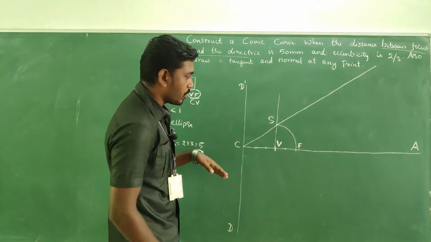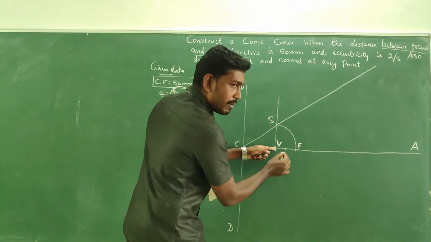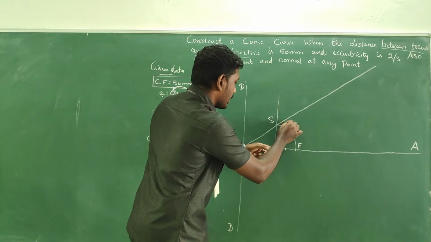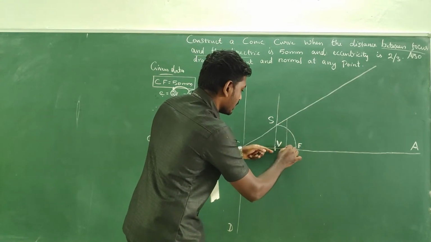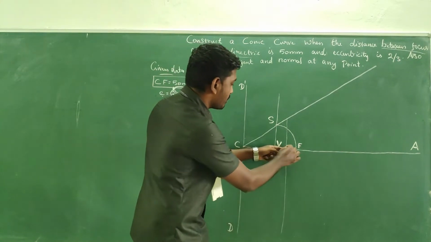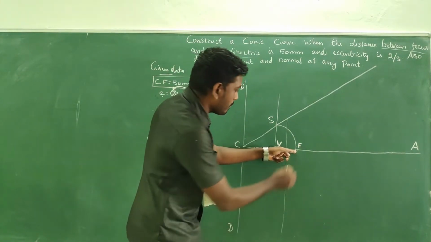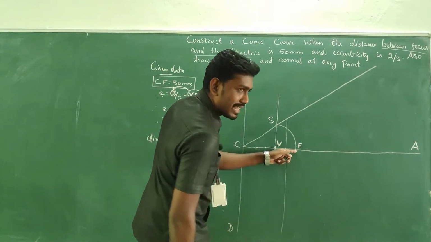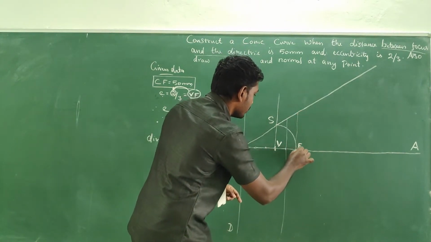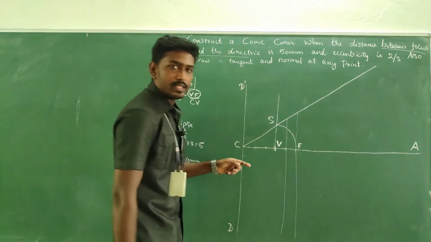So take 10 mm. If you measure it, you will get a perpendicular line with the axis. It goes like this, and from it take the next line with 10 mm. This line goes like this.